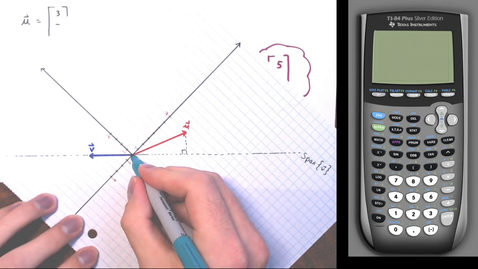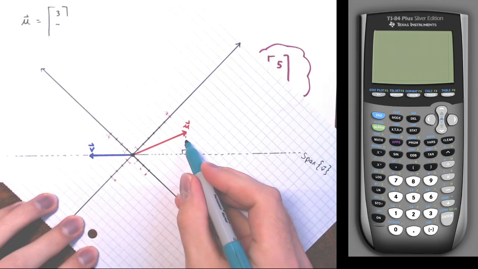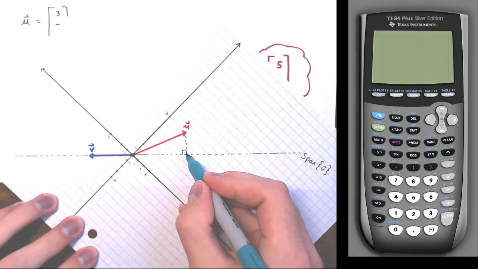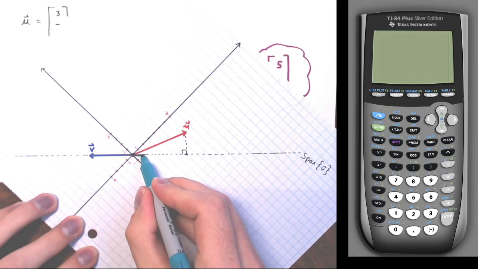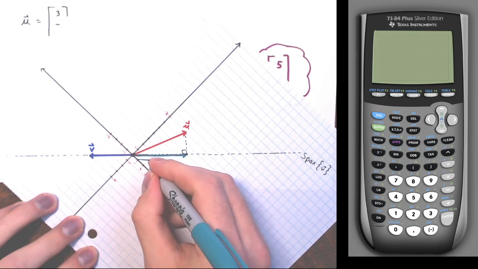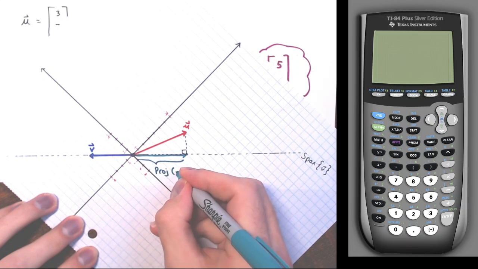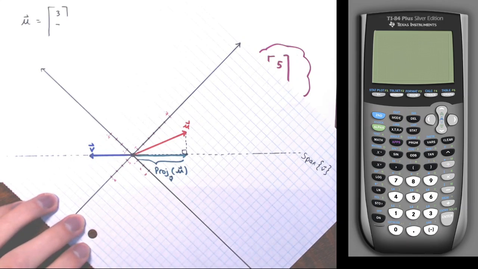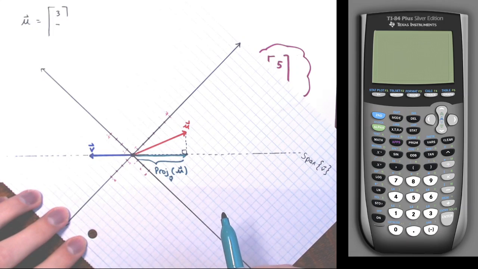So I'm starting from the same point that U and V are, and I'm going to this point at the end of this orthogonal segment. I'm projecting U onto the line with vector V. This vector right here is the projection of U onto the line containing V, the projection of U onto V.